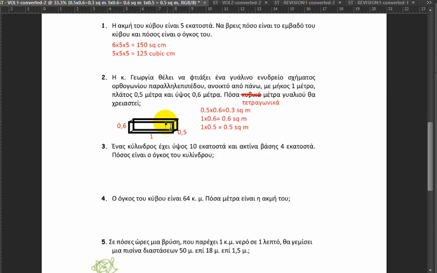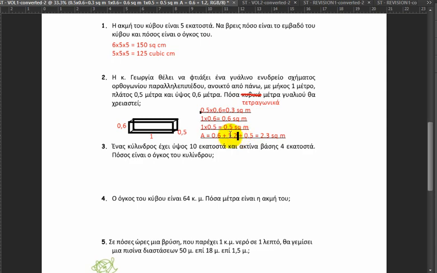Now, the entire area is going to be 2 of these, so 0.3 and 0.3, which makes 0.6, plus 2 of these, so 0.6 and 0.6, which makes 1.2, plus 1 of these, so 0.5. All of this makes 2.3 square meters.